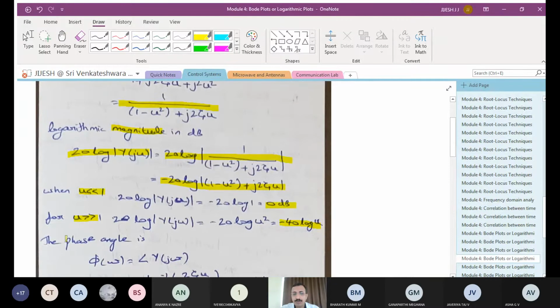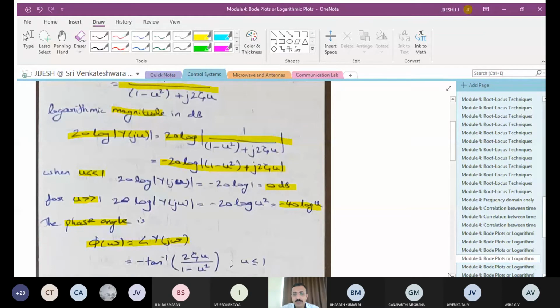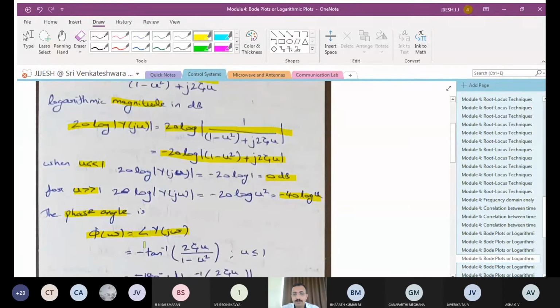Similarly, we have to also go with the phase angle. The phase angle is denoted as phi of omega, the angle of Y of j omega, so you have to use tan inverse, and you get minus tan inverse of 2 zeta u divided by 1 minus u square.